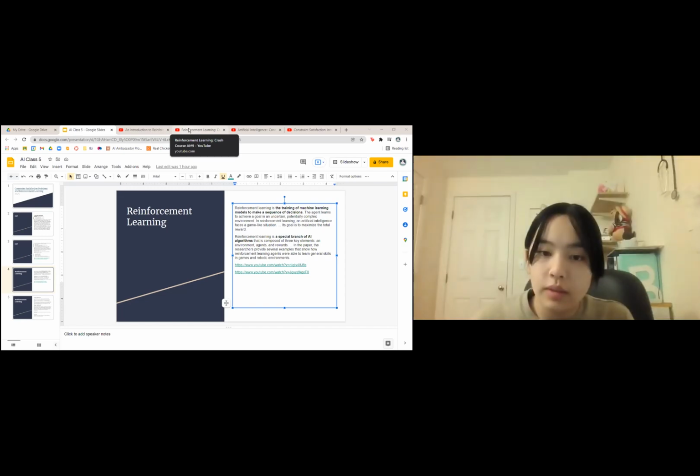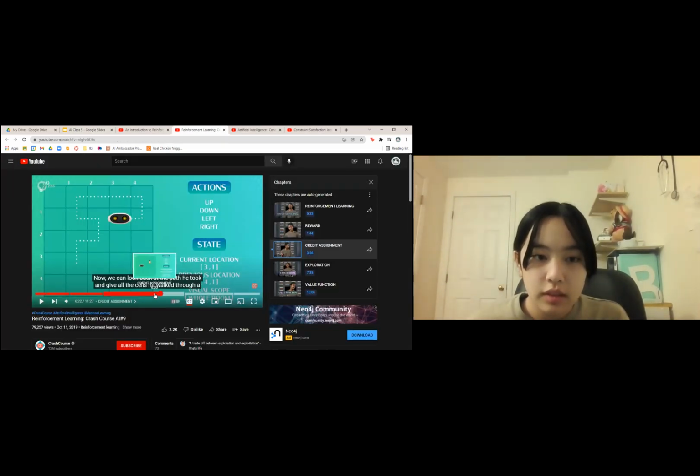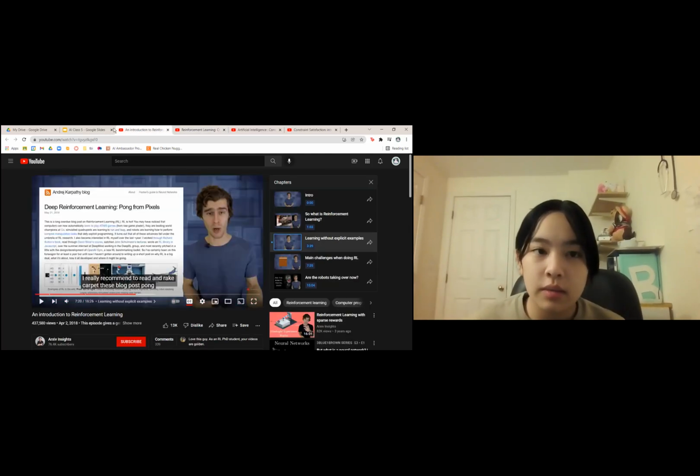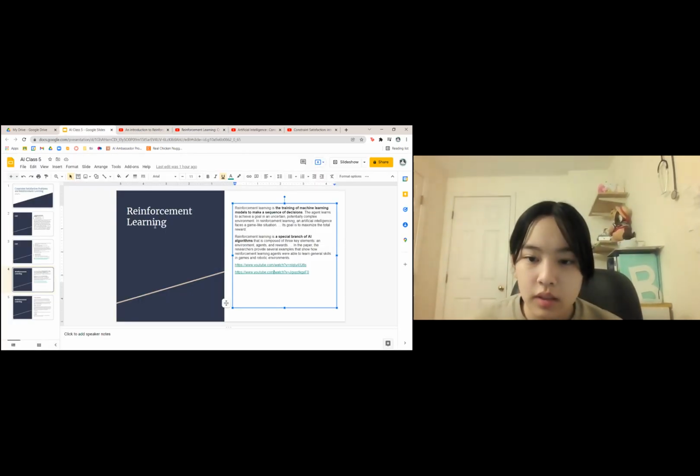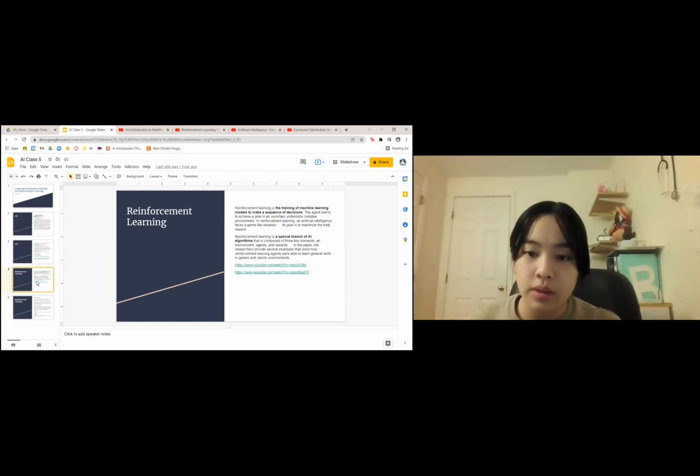Okay, so in a more complex situation, how do we know if the AI did the right step? In reinforcement learning, there's this factor called a reward.